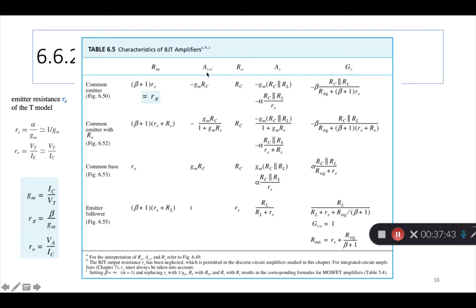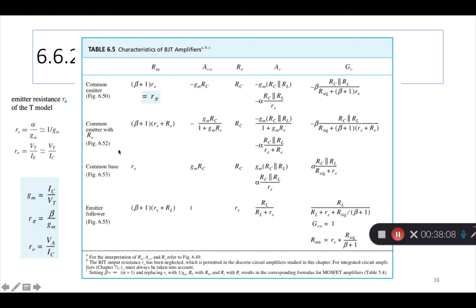Also the difference between Avo and Av. Av is when a load resistor appears in the formula. Similarly, overall gain. Now even for an emitter follower, the overall open circuit gain is 1, unity. But once you connect a load, then it's not 1 anymore, it's this value. Okay?